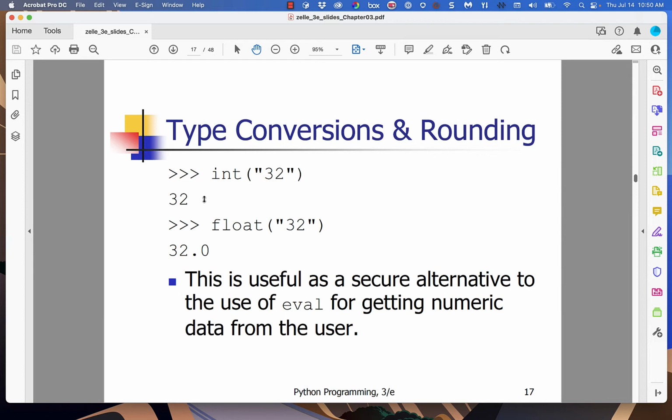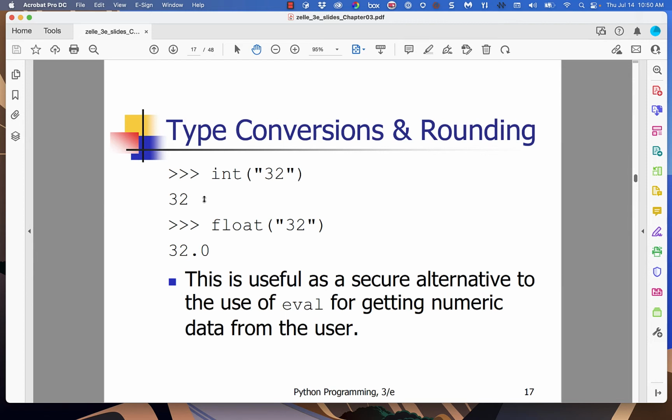It's not part of our normal life. We see the character string 32 on the page and it gets converted to a conceptual 32 in our head instantaneously. Right? We don't have to think about some conversion that happens.